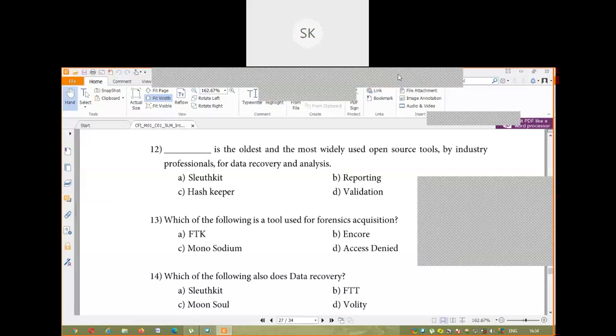Answer of 12. Write in the chat box. Sleuth Kit is the oldest and most widely used open source tool by industry professionals for data recovery.